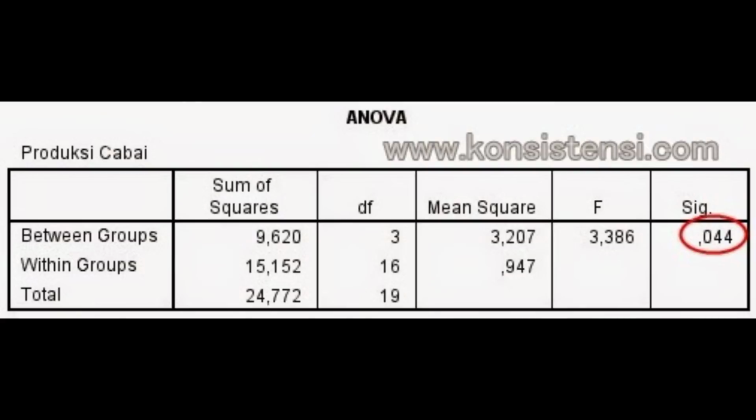Based on the output above, the significance probability value is 0.044. Therefore, since 0.044 is less than 0.05, the above hypothesis is rejected, which means there is a significant difference in chili production using the 4 different spacings.